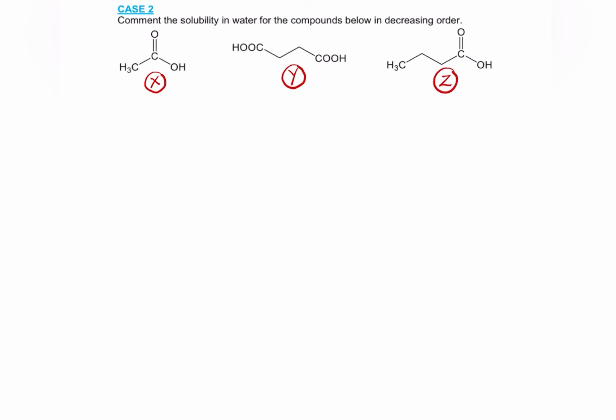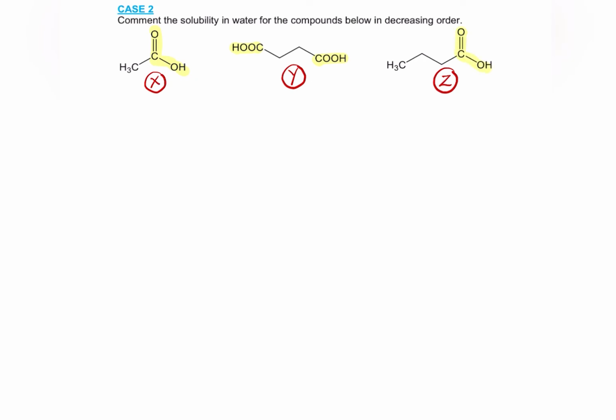So let's focus on structure X. I got 1 carboxyl group. For structure Y, I got 2 carboxyl groups. So this one and that one. And structure Z, I got 1 carboxyl group.